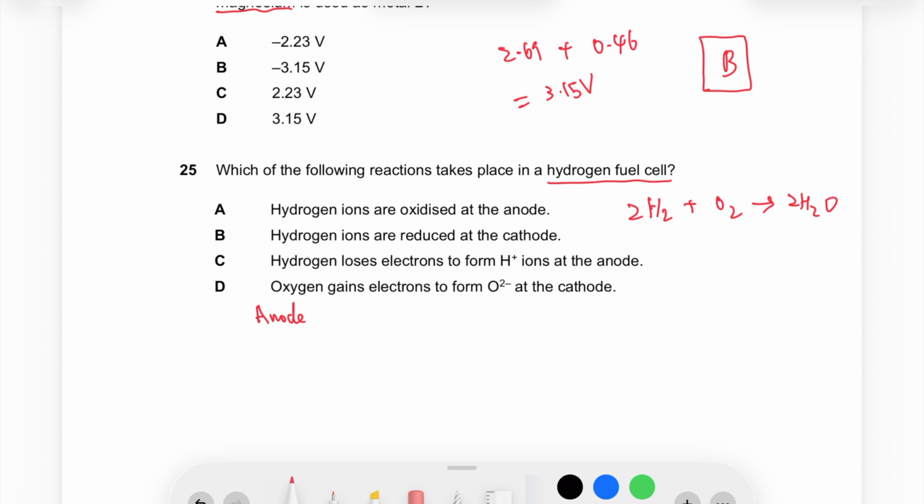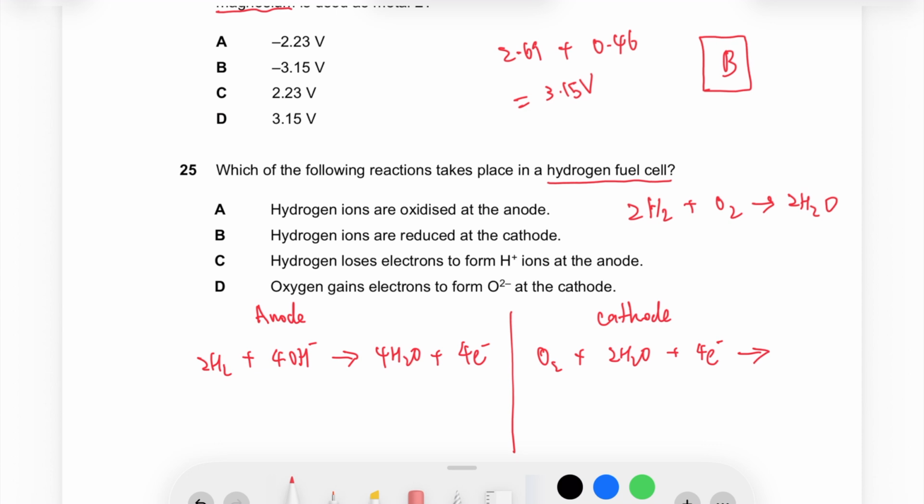At the anode, which is your negative electrode, it's 2 hydrogen gas plus 4 OH minus, which will give you 4 water plus 4 electrons. And then at the cathode, you have your oxygen gas plus 2 water plus 4 electrons, which will give you 4 OH minus.